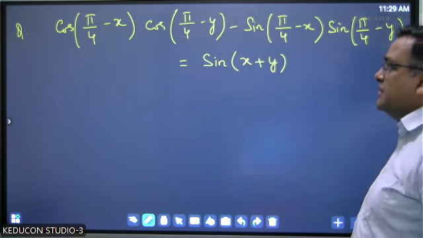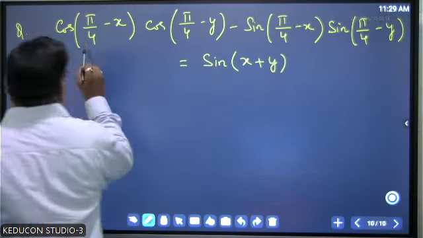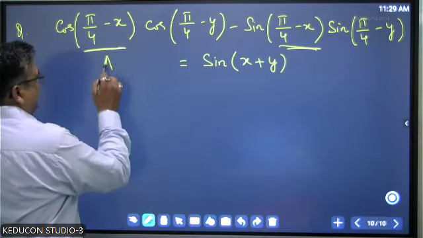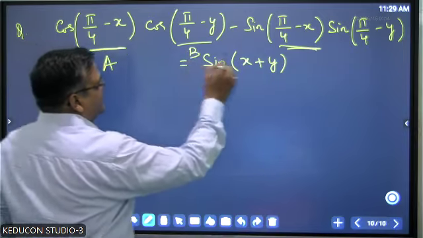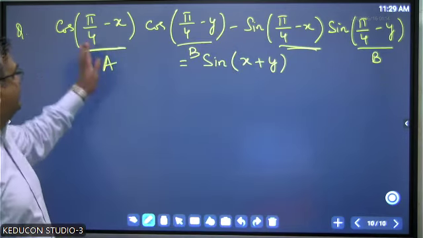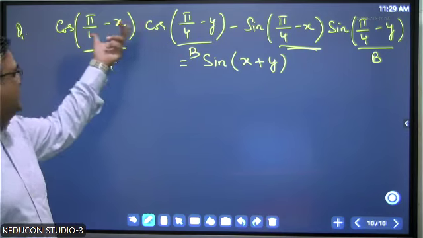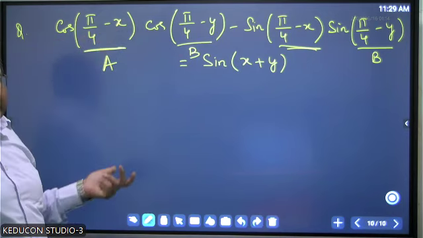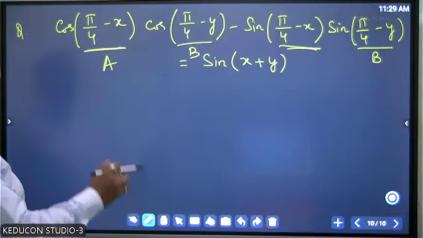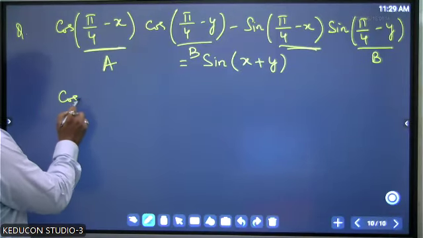Now students, if you see properly, this thing and this thing are the same. Let's say this is A and this is B. If you put A in place of pi by 4 minus x and B in place of pi by 4 minus y, what do you get?